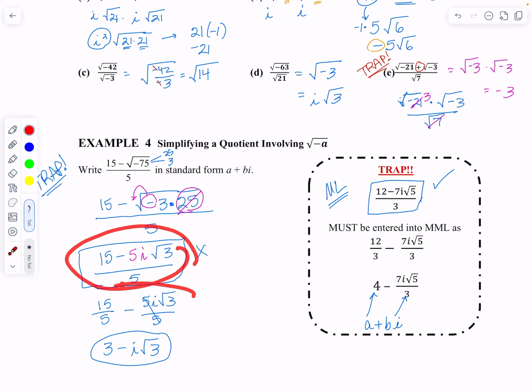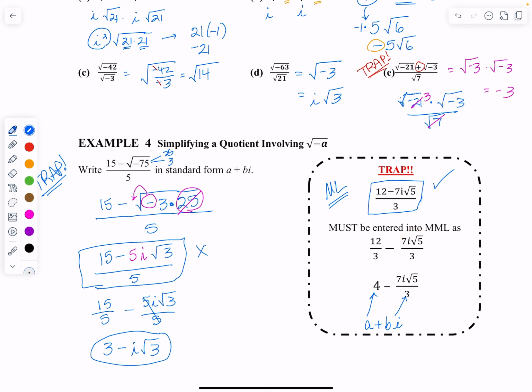Where I split it up like that. So I have this guy, and I'm going to split it up and say 12 divided by 3, and then my minus, and then 7i square root of 5 divided by 3. And then this, the 12 divided by 3, turns into a 4, but this guy stays the same. So your answer in MyLab should look like this, which to me is yuckier than what you started with.